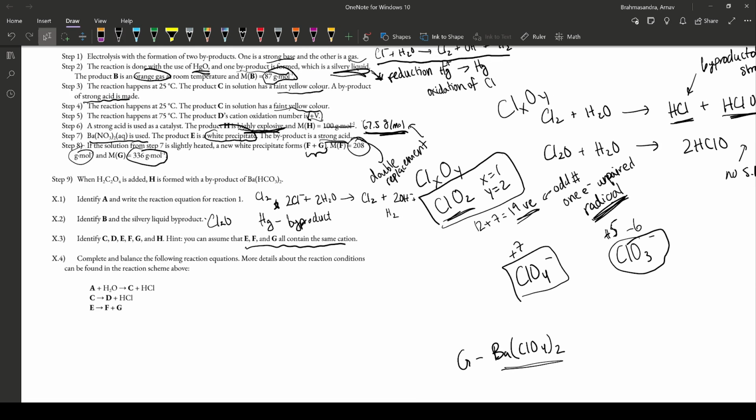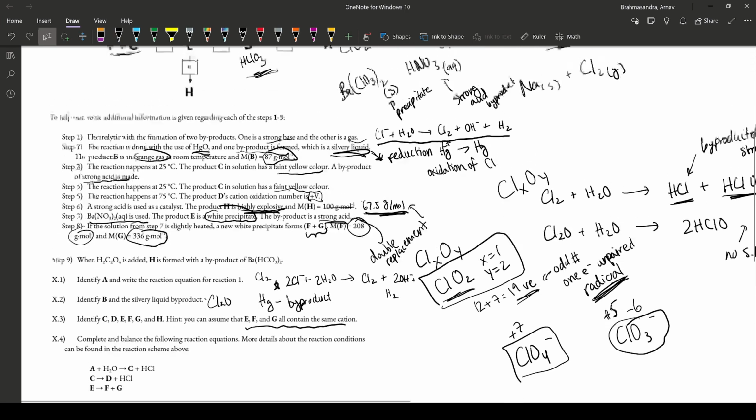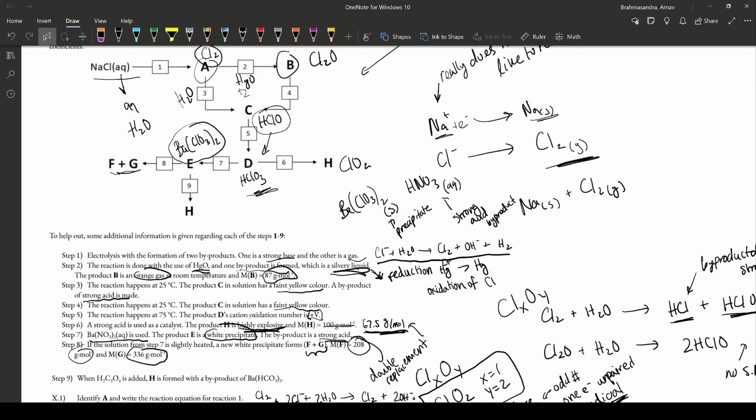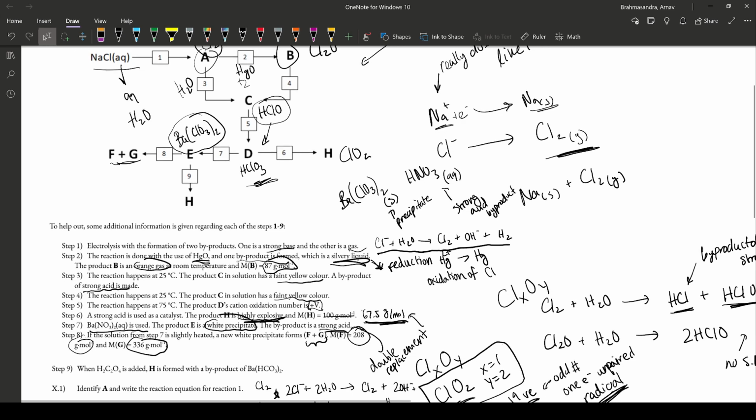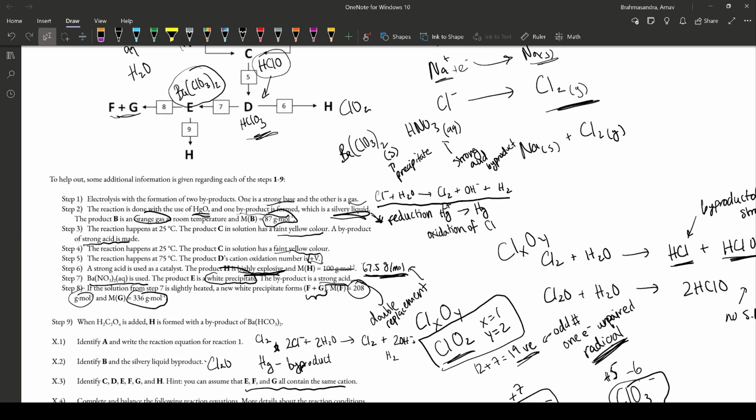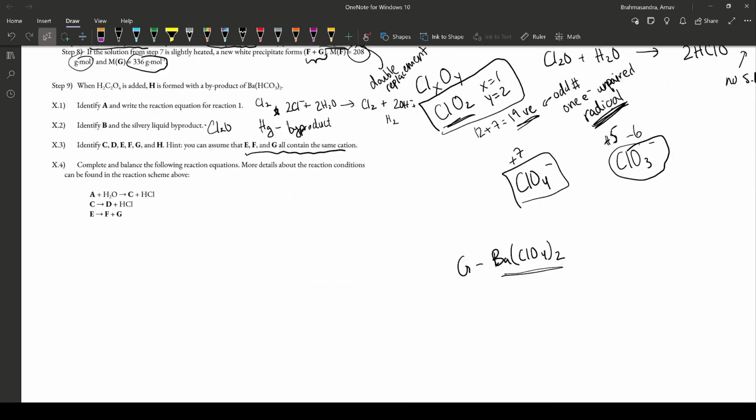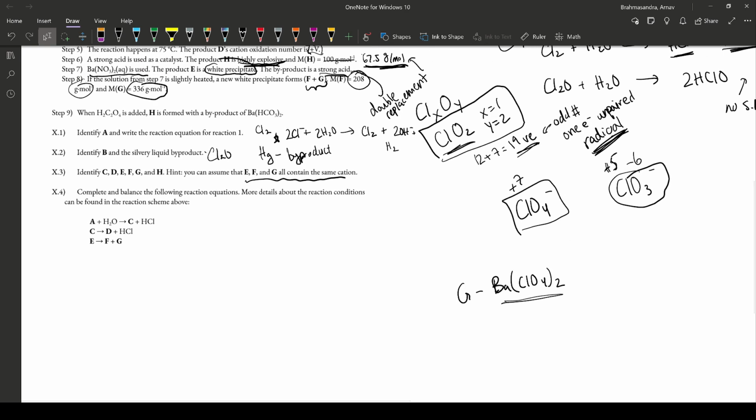The next part is finding out what F is, and with F, we know that there has to be a reduction of chlorine. So we know it's going to be ClO something, but the O either has to be less than 3 or it's 0. If you check this with the molar mass of 208 grams per mole, you'll pretty easily see that this has to be BaCl2.